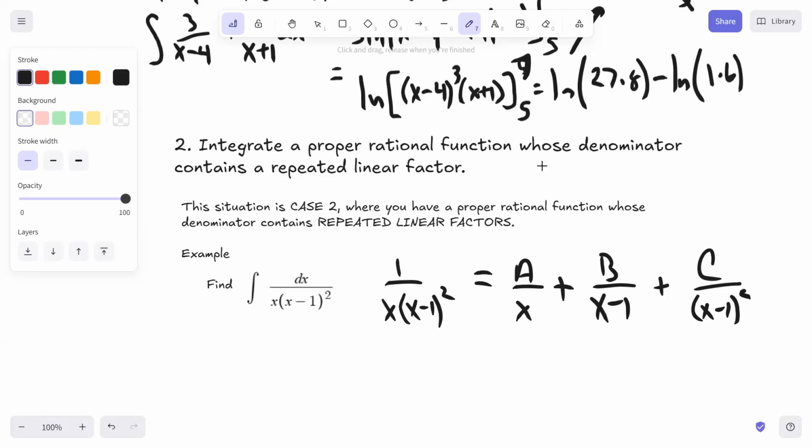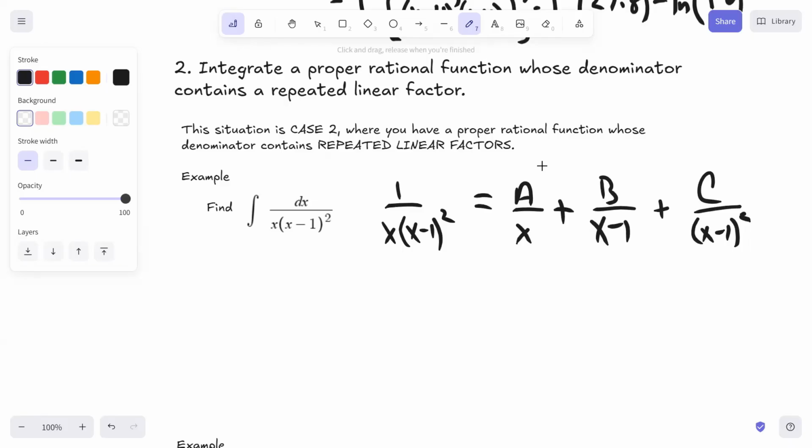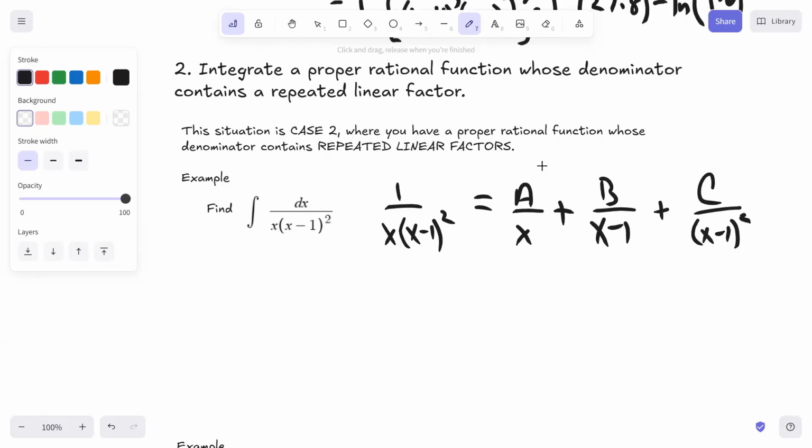If that was x minus 1 cubed, you would have to have plus D over x minus 1 cubed. Okay, so just that little tidbit there: whenever you have repeated linear factors, you have to account for each factor.